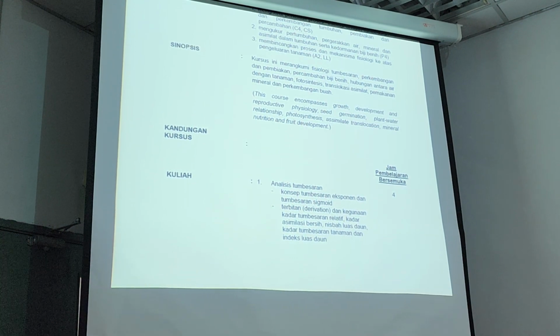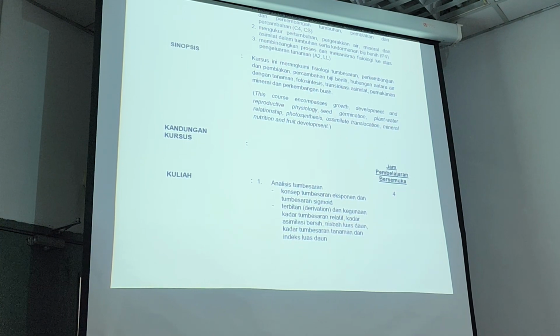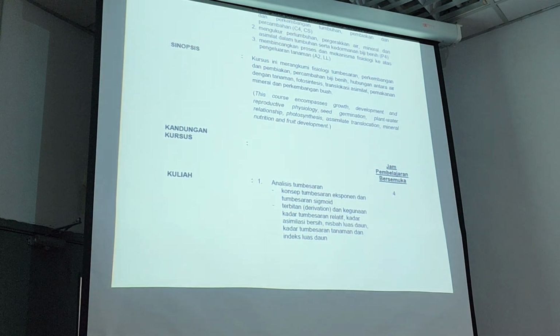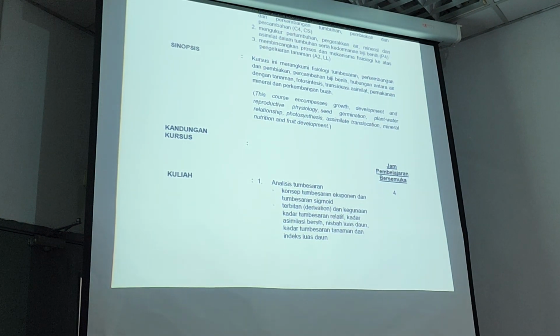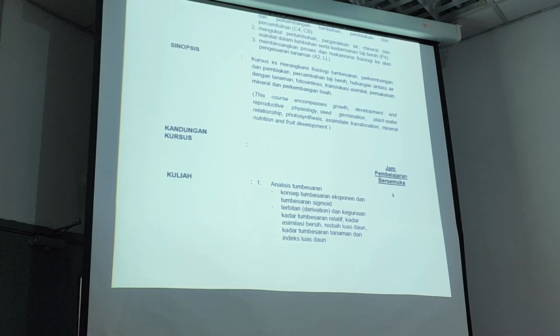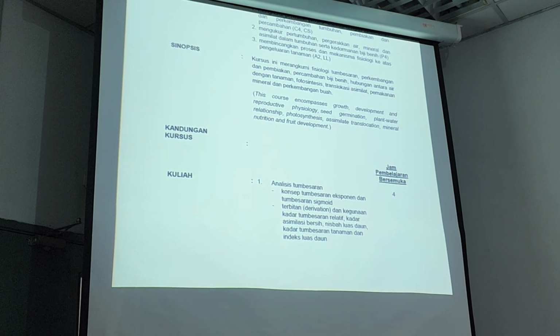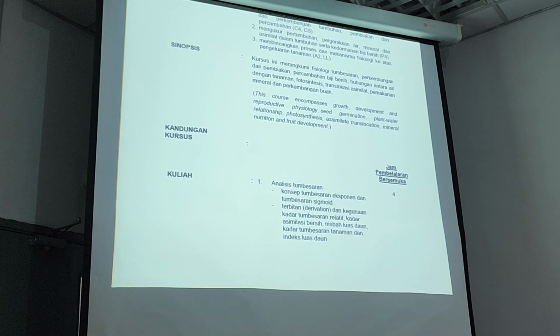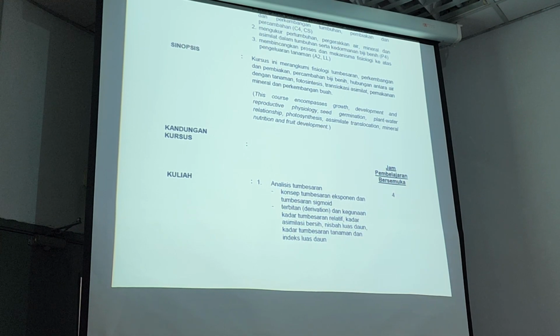You need to build your house. People in the past used lots of log and timber, right? So when we talk about crop here, we are talking about selected plant species that have economic importance and interest in the sector of agriculture and horticulture.